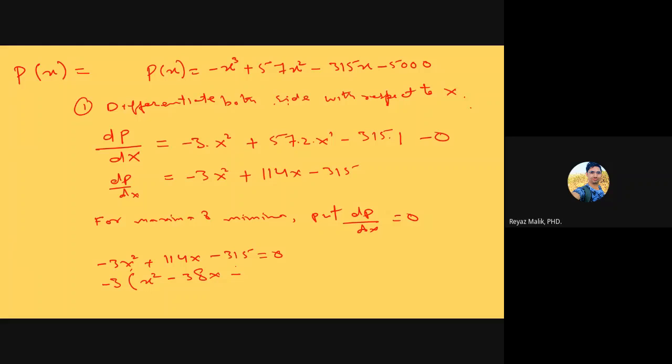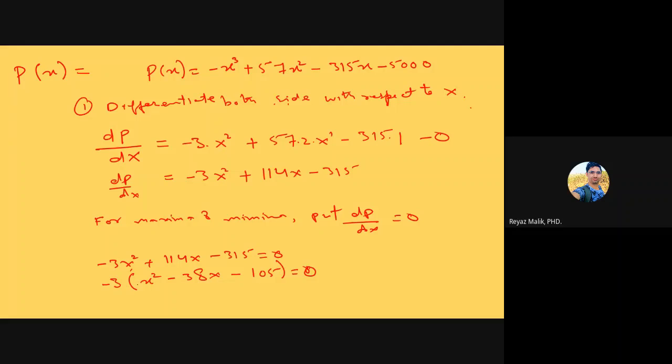Minus 315 divided by 3, 105 here, equals 0, correct?